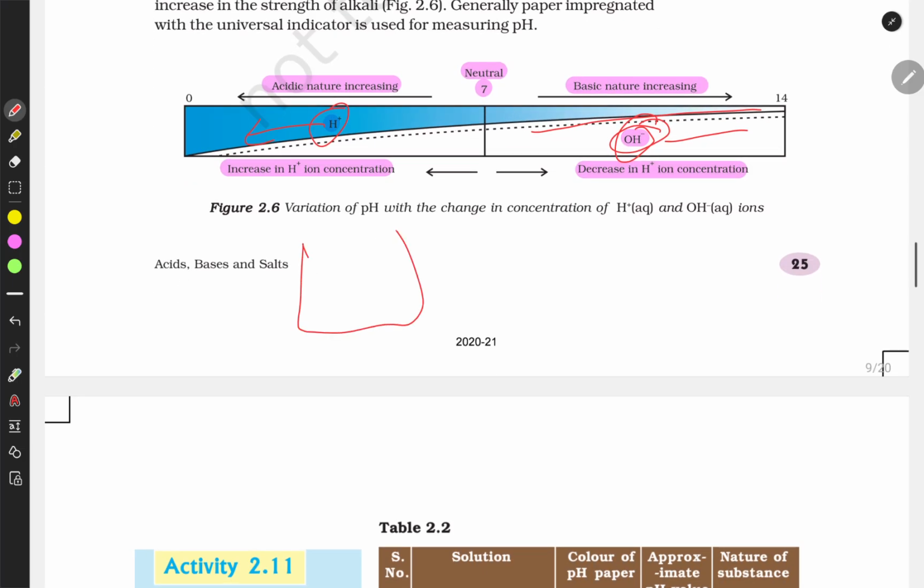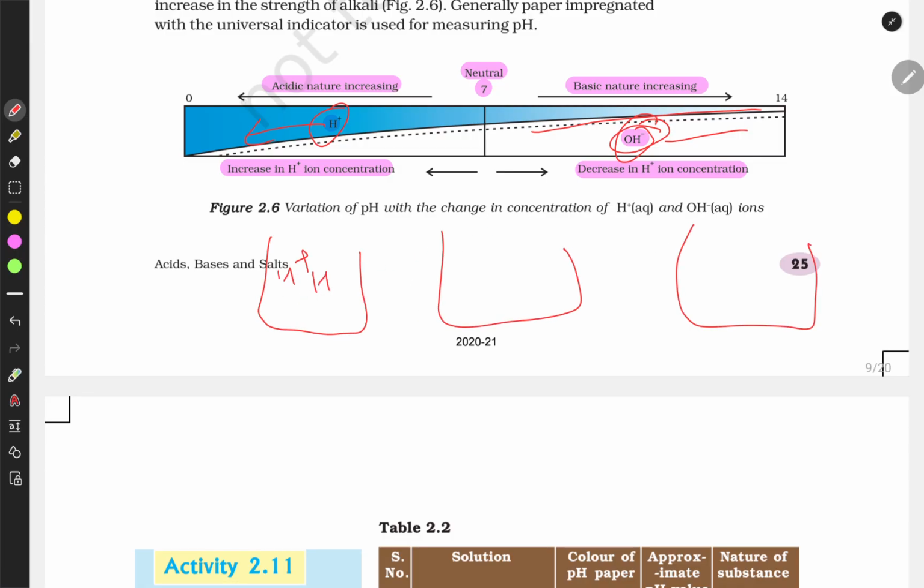Suppose there are solutions that contain a lot of hydrogen ions and hardly one or two OH ions. The concentration of hydrogen ion is more, so it will be more acidic.